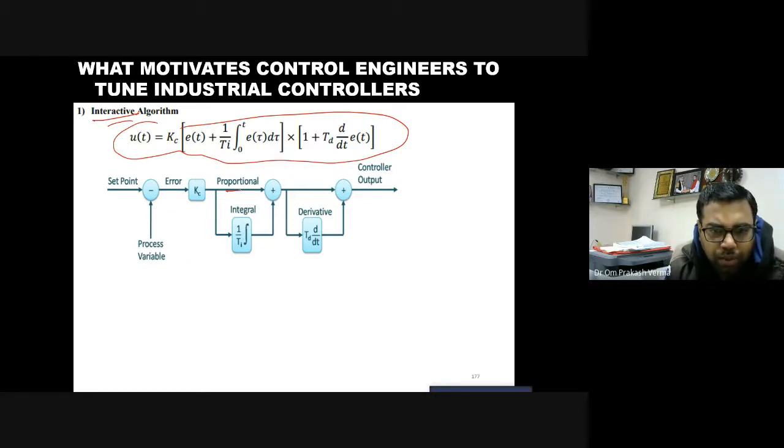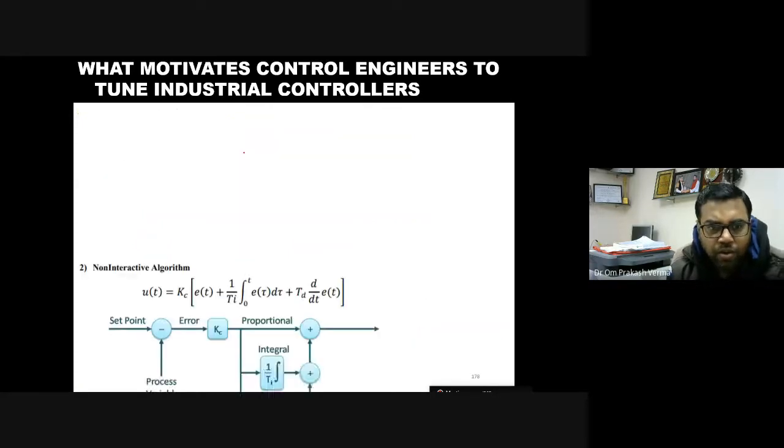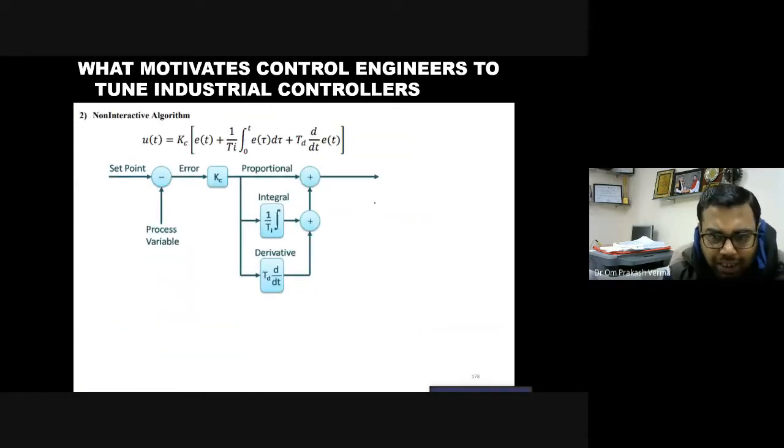This is the proportional controller, this is the integral controller and the derivative controller. It again becomes the PID controller, and of this type we can design the PID controller in the interactive algorithm, right? So these are different methods by which we can realize the PID controller.